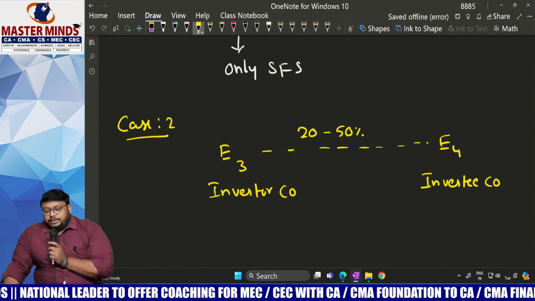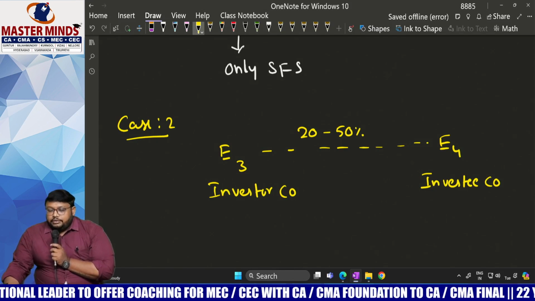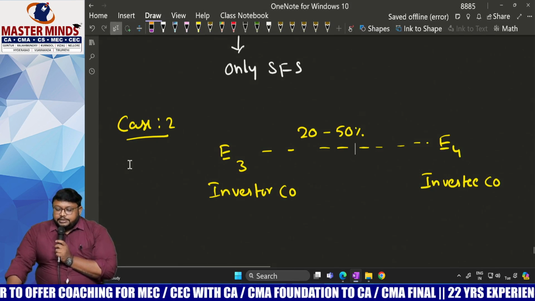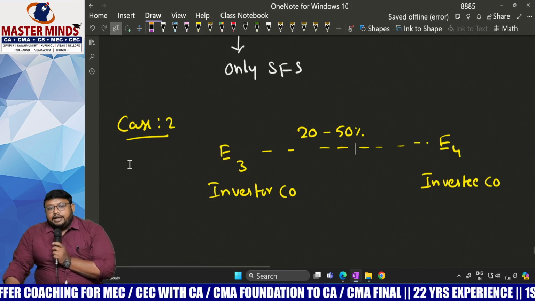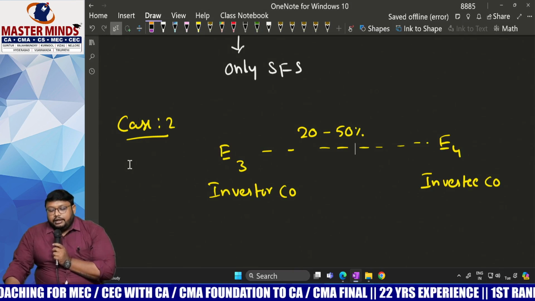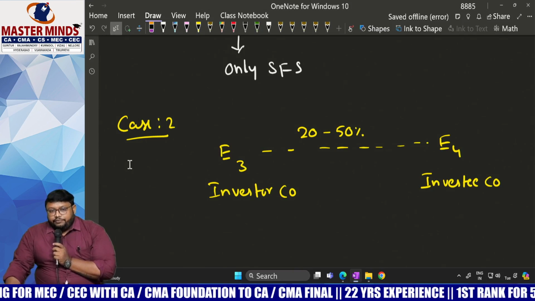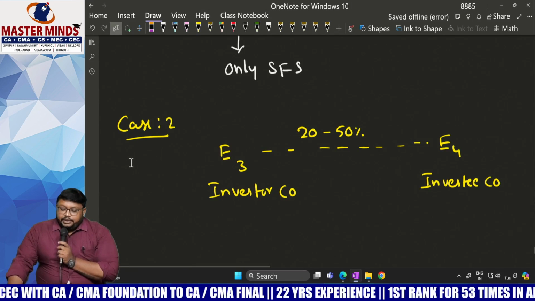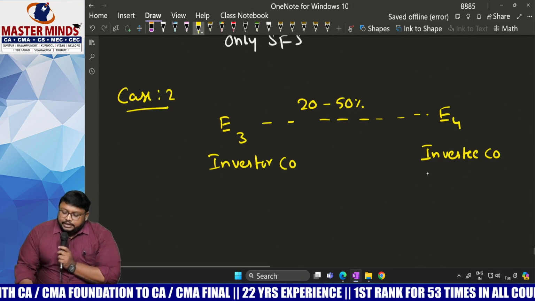When your size of investment is 20 to 50 percentage, that means entity E3 has a stake in E4 Limited of 20 to 50 percentage, 28%, 32%, whatever it might be. So then we can say this is an associate company.